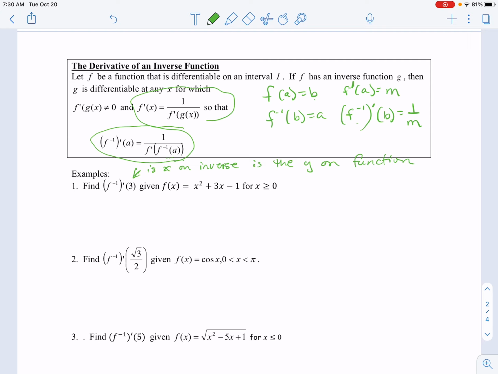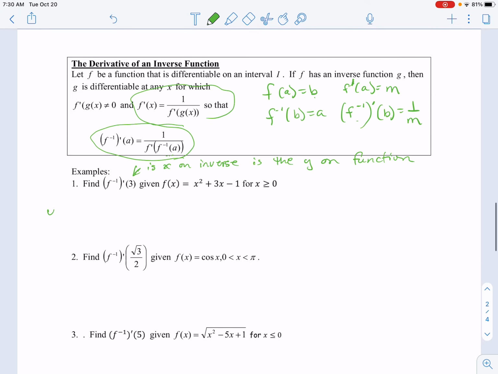In that first example we did, y equals x squared, finding the inverse was easy. This one is not so easy. If I switch them, you get x is equal to y squared plus 3y minus 1, and I can't solve for y easily. So we use this technique to get to the answer.